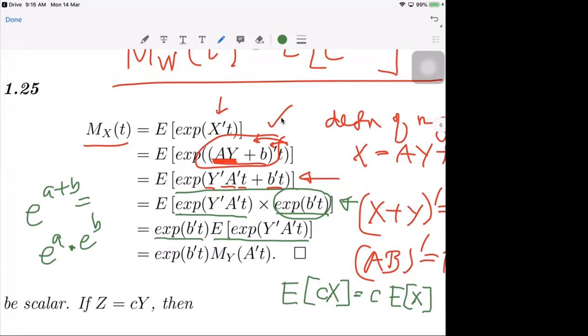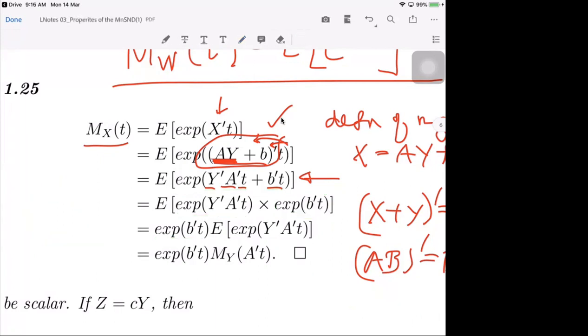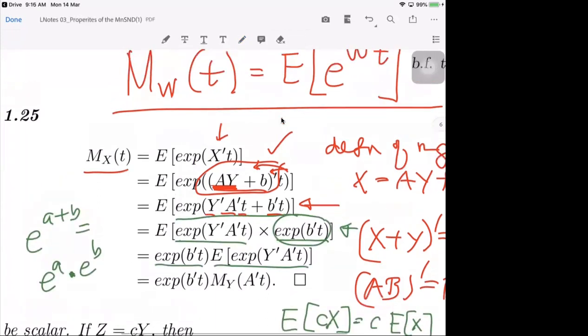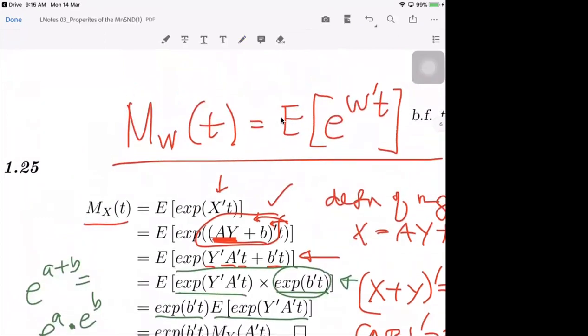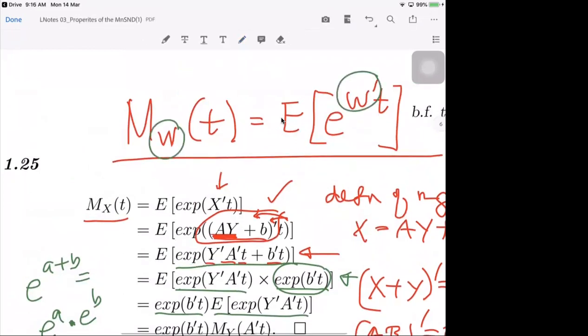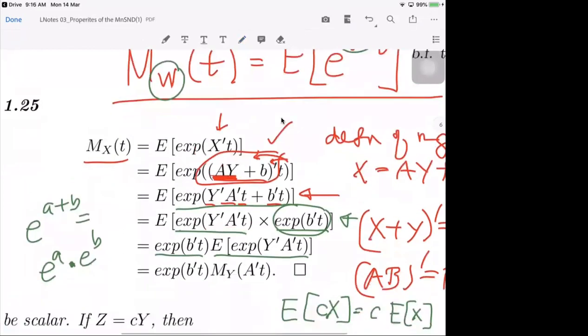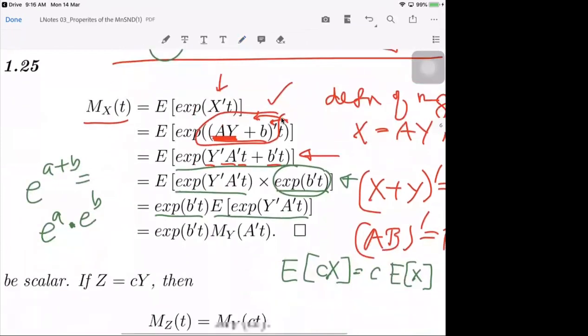But by definition of moment generating function, if you have a W there, that is just W prime here. So what we have here is a Y prime, so that will be the moment generating function of Y at A prime t.